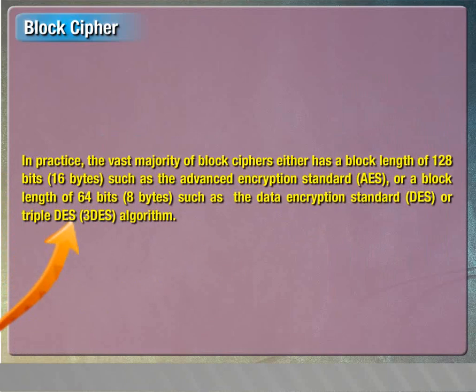In practice, the vast majority of block ciphers either have a block length of 128 bits, that is 16 bytes, such as the Advanced Encryption Standard (AES), or a block length of 64 bits, that is 8 bytes, such as the Data Encryption Standard (DES) or Triple DES (3DES) algorithm.